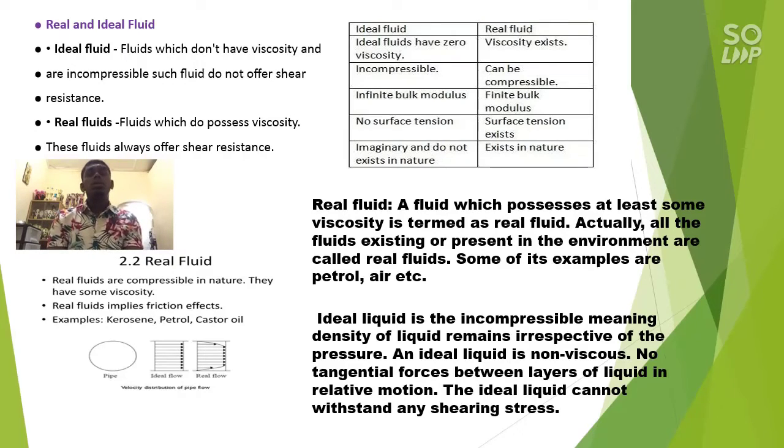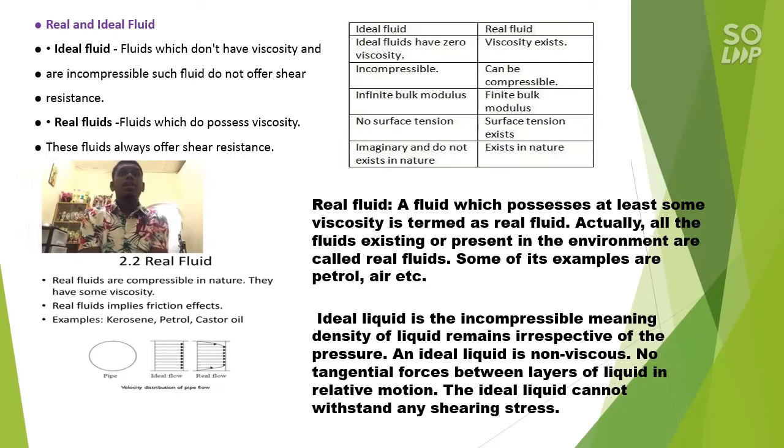The big difference between ideal and real fluid is that ideal fluid has zero viscosity, whereas in real fluid viscosity exists. The ideal fluid is incompressible, and the real fluid can be compressible. The ideal fluid has infinite bulk modulus, and the real fluid has finite bulk modulus.